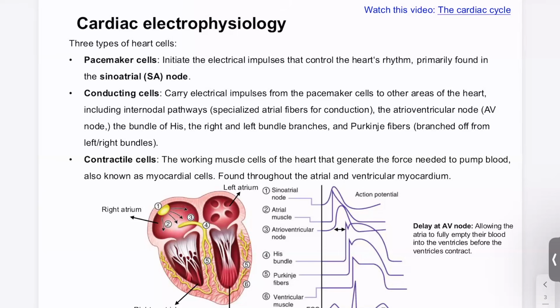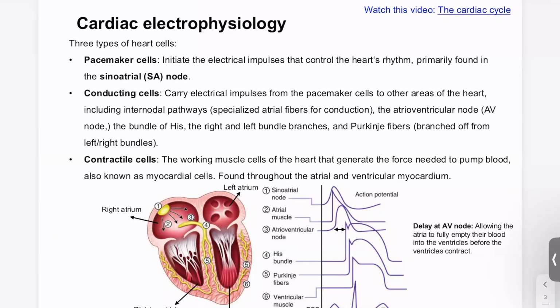Our heart has four chambers: the left atrium, right atrium, left ventricle, and the right ventricle. There are a lot of reasons why we need four chambers instead of just one chamber. If you're interested, refer to some extra reading, but I'll just describe this in very, very simple, overly simplified terms.